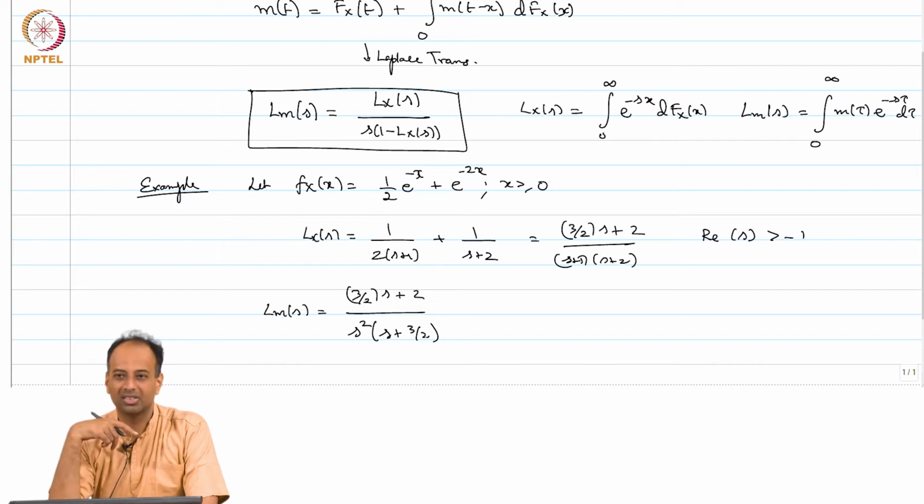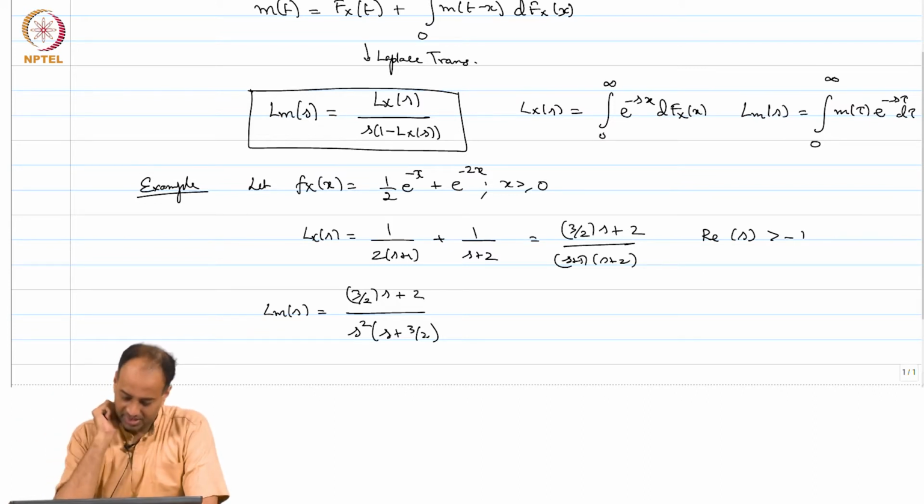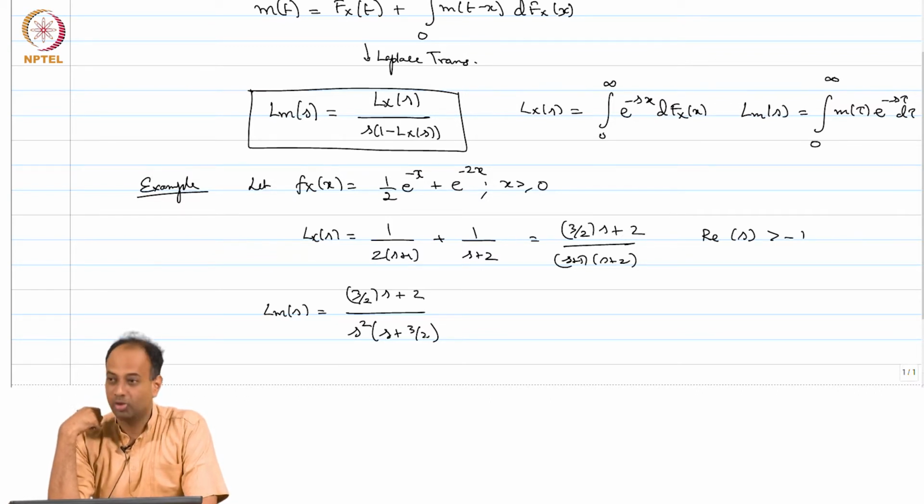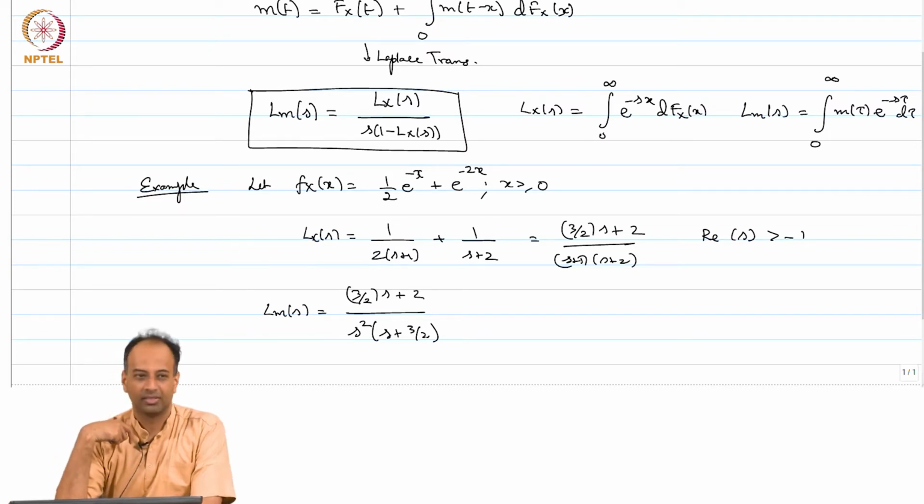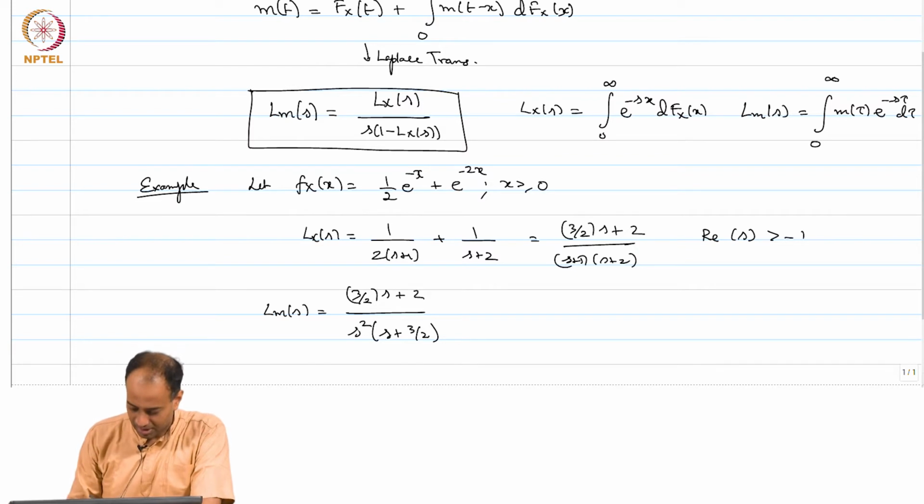How do you invert this? Yes, you put it into partial fractions, right. In this case you have to write it as a over s plus 3 over 2, plus b over s square, plus c over s, and find a, b, c, right. So, you have just two poles: at the origin there is a double pole, and at minus 3 over 2 there is a pole, right.